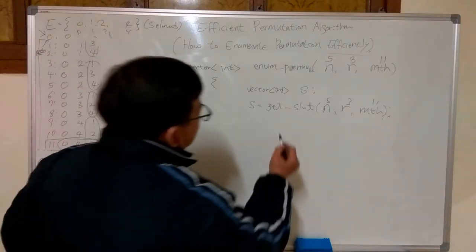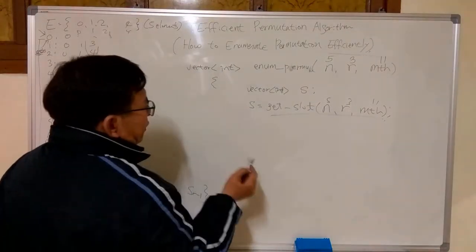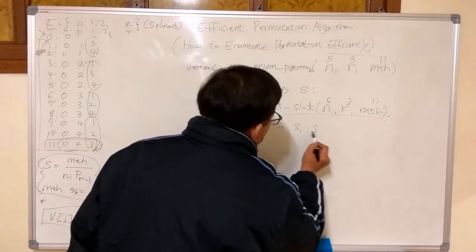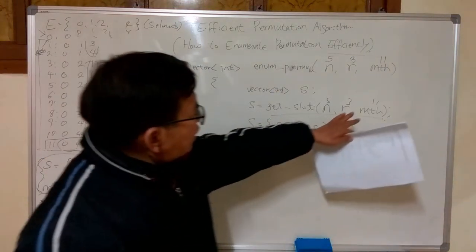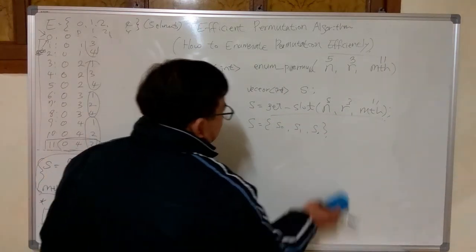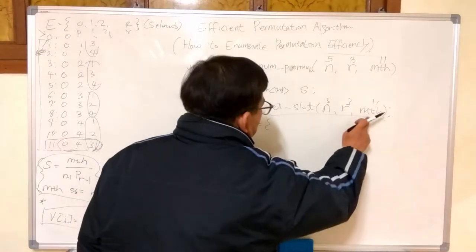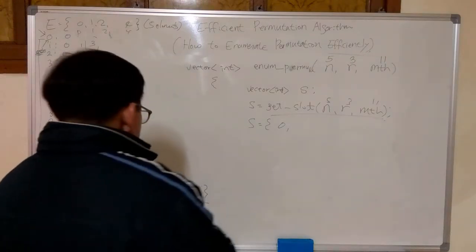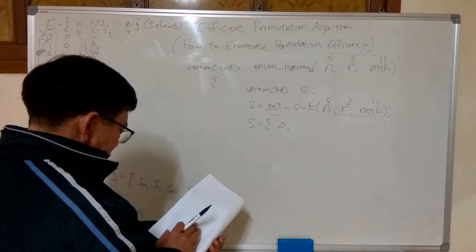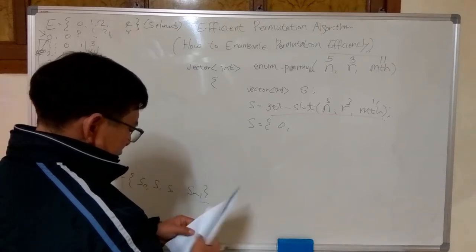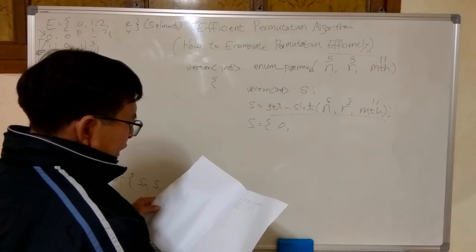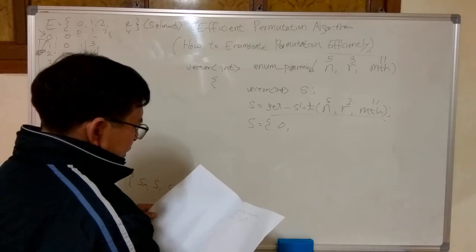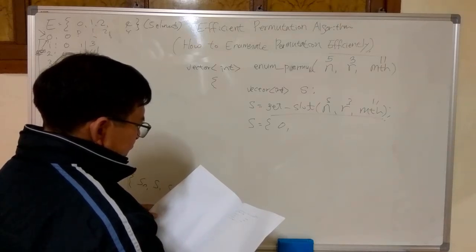After this function runs, we'll build a set S like this: S0, S1, S2. For example, if 11 is given, this number would be 5, 0, 0, 4, 3.